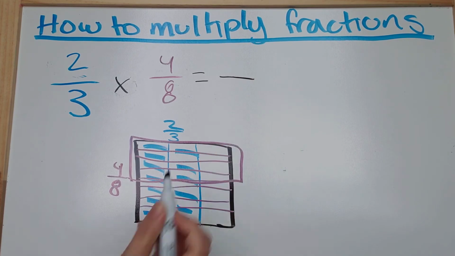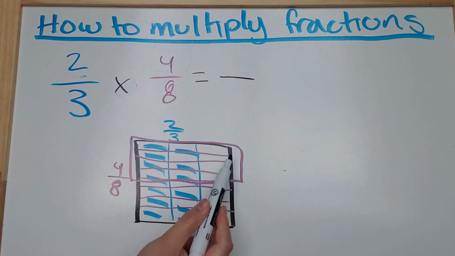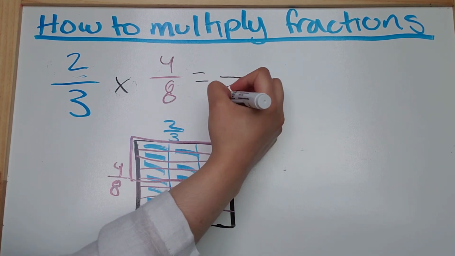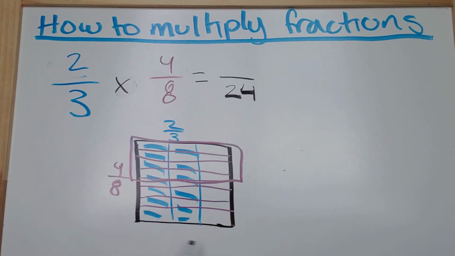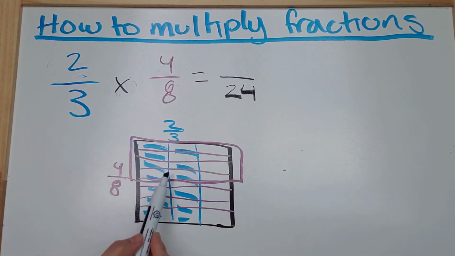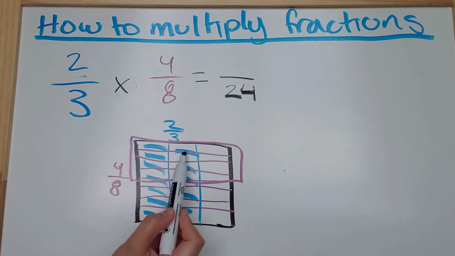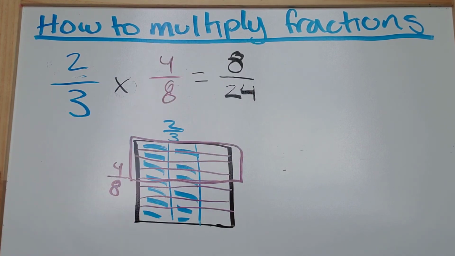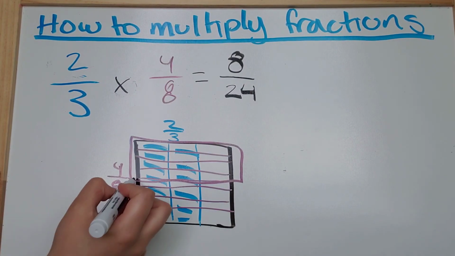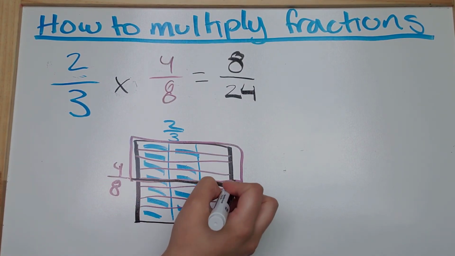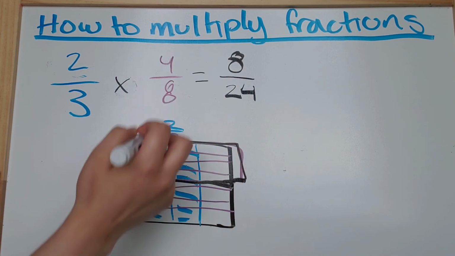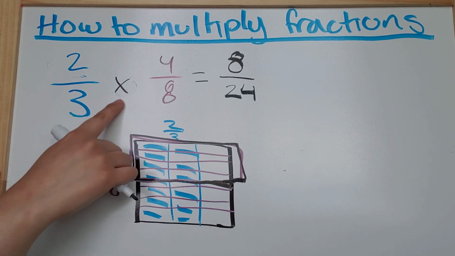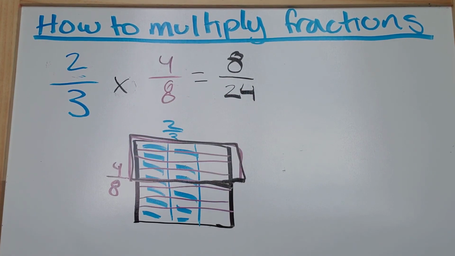In total I have 3 times 8. 3 times 8 equals what? 24. I have 24 in the whole thing, but I have 1, 2, 3, 4, 5, 6, 7, 8 out of the 24ths. So we're only looking at this part when we're looking for the numerator. So 2 times 4 equals 8, and 3 times 8 equals 24.